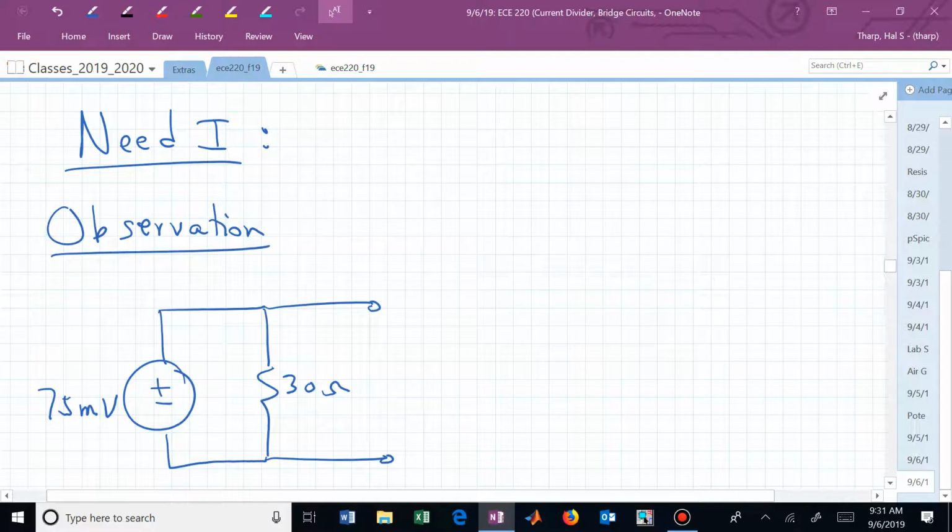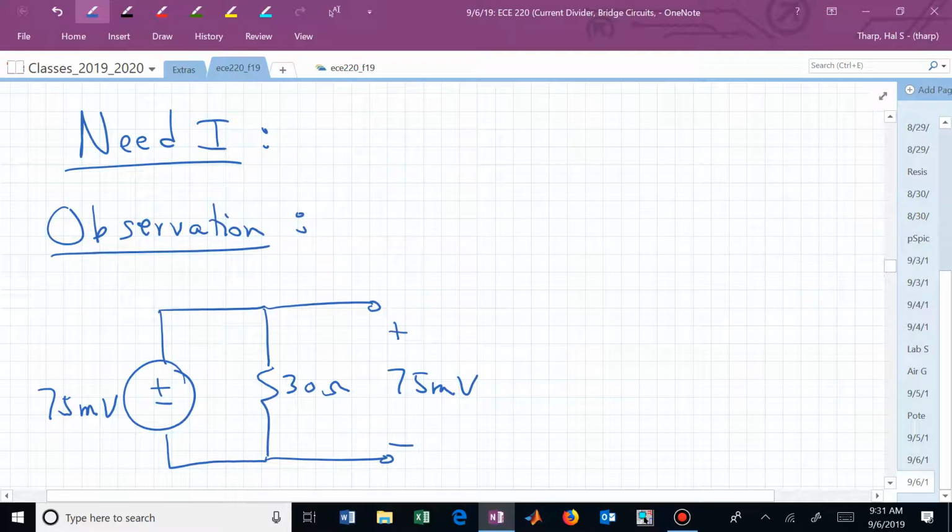So that 30 ohm resistor, it's going to receive whatever current it needs, but coming out of those two terminals, it's independent of what that 30 ohm resistor is. We could just forget it. We could move it on the other side in a sense and say those two terminals right here are always going to be at 75 millivolts.